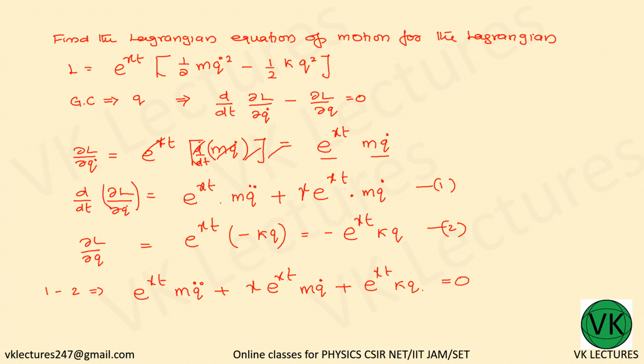Now you can take this e to the power gamma t out, and this becomes mq double dot plus gamma mq dot plus kq equal to 0.